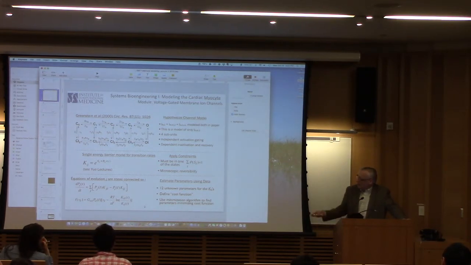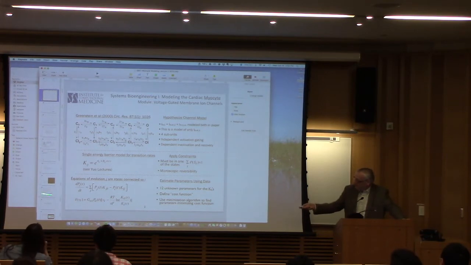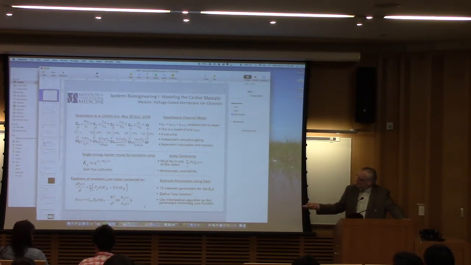And so we derived the expressions for the time rate of change of occupancy probability for the various states in such a channel model. And that was this family of ordinary differential equations given there, 1 for each state. And then we went through the equation that gives the current through a channel or a complement of channels when a certain fraction of them are in the open state.